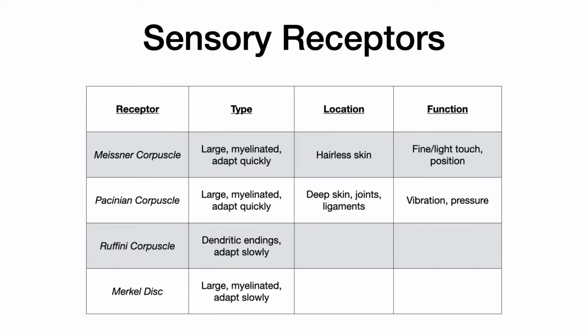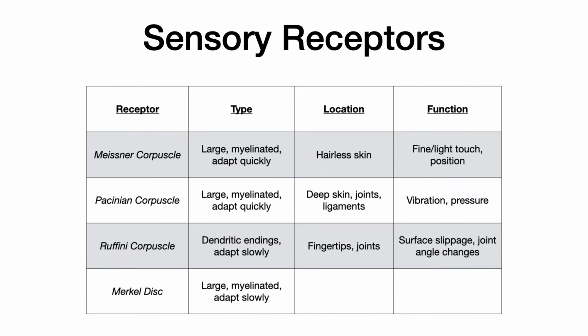For the Ruffini corpuscle, this is found on fingertips and joints, and its chief function is to detect surface slippage. And what that means is basically when an object is passing along, let's say, the surface of your fingertips, sensing that that object might be slipping as you're holding that object, that's what the Ruffini corpuscle does. The Ruffini corpuscle additionally can detect joint angle changes.